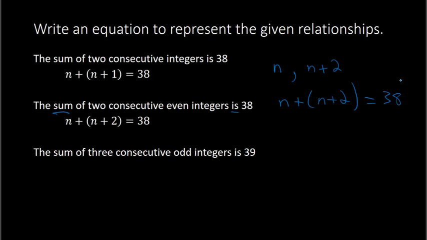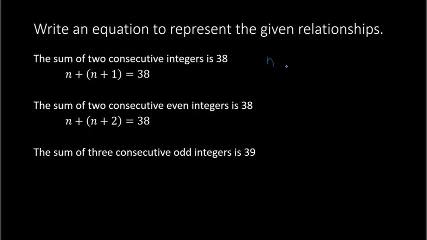And lastly, we have the sum of 3 consecutive odd integers is 39. And we are told to write an equation to represent this expression. So the 3 consecutive odd integers, we begin by letting the first integer represented by the letter n.